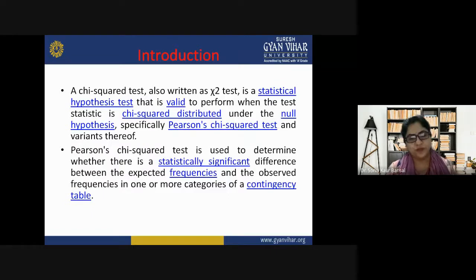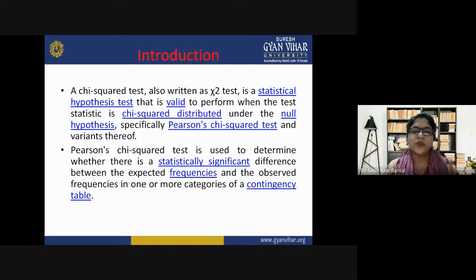To start with the introduction, a chi-square test, also written as x square, is a statistical hypothesis test that is valid to perform when the test statistic is chi-square distributed under the null hypothesis.